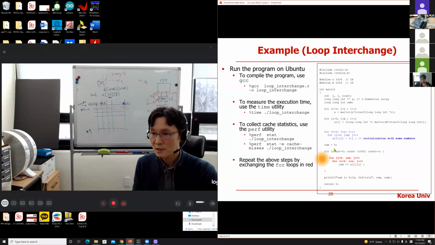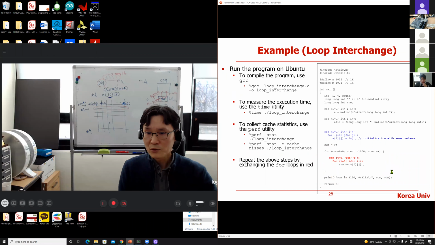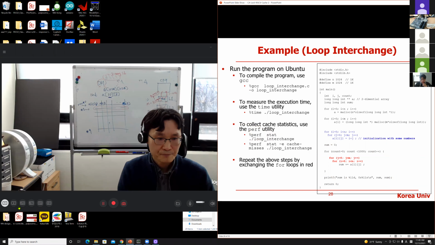I'm looping this 1,000 times and printing out the outcome. If you use a utility program called perf, you can measure detailed information behind the program execution, like how many cache misses. Let me show you.